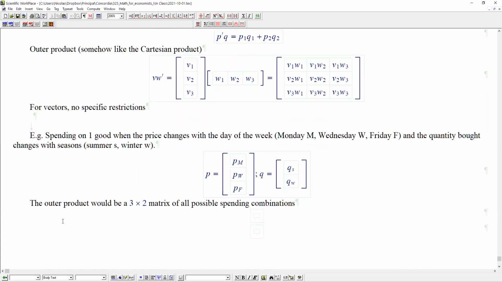So I would have something like PQ prime, which would be equal to... And then here I have all my QS and all my QW.